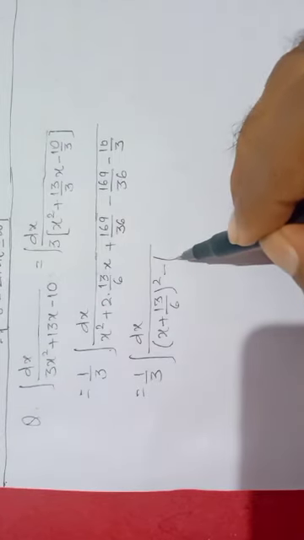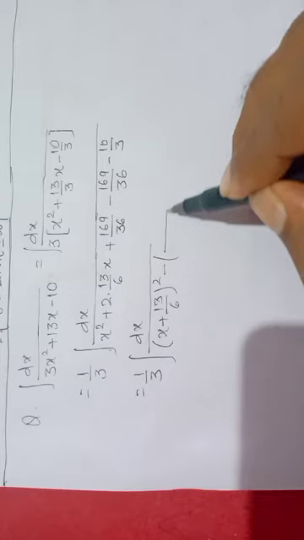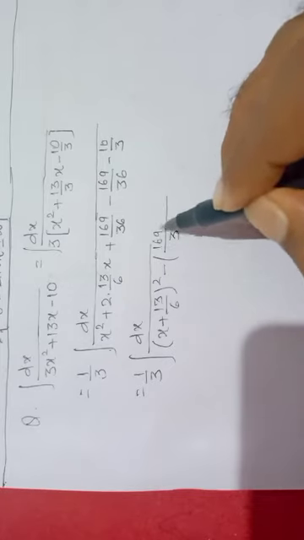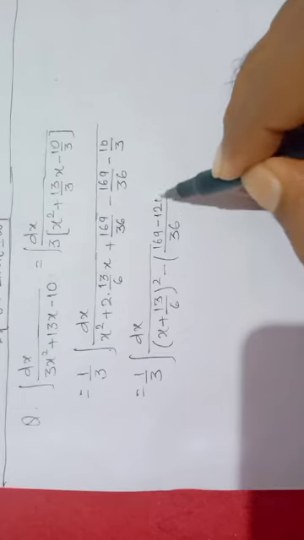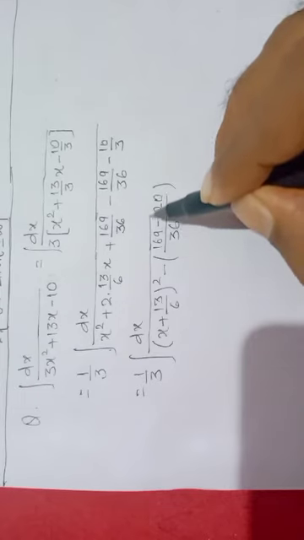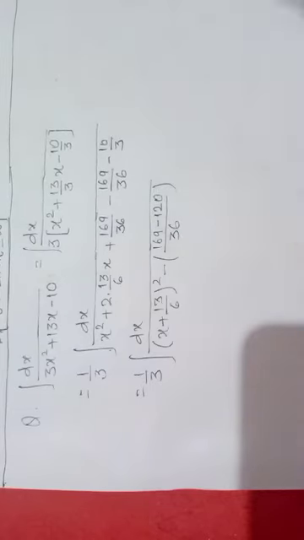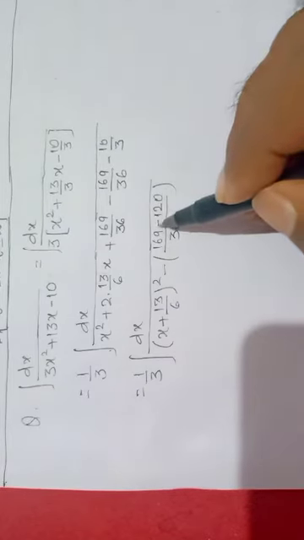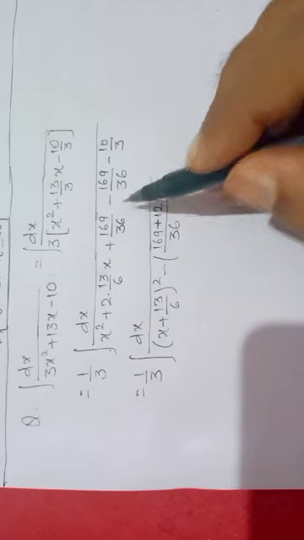simplify, take out LCM, which should be 36, 169 minus 120 after taking LCM. So 169, sorry, it becomes positive because minus becomes common.